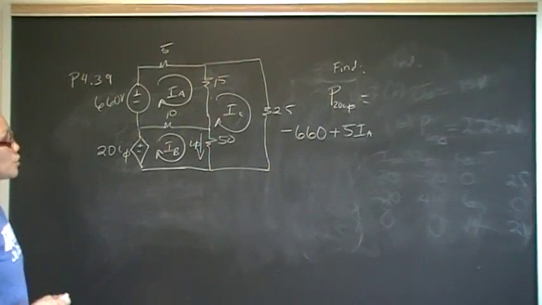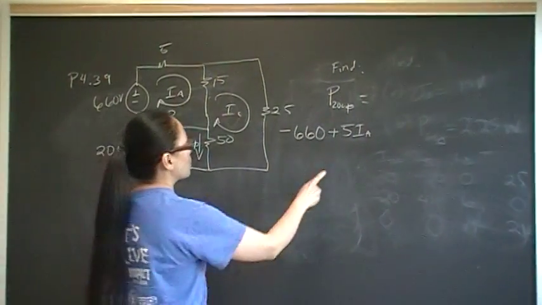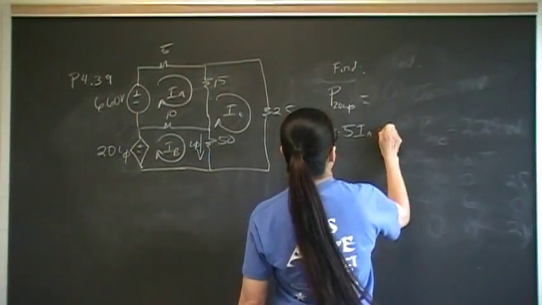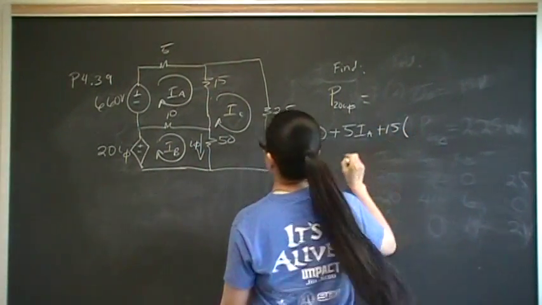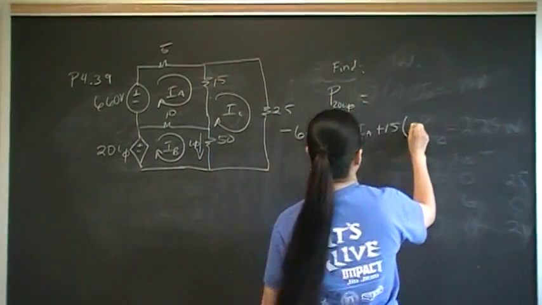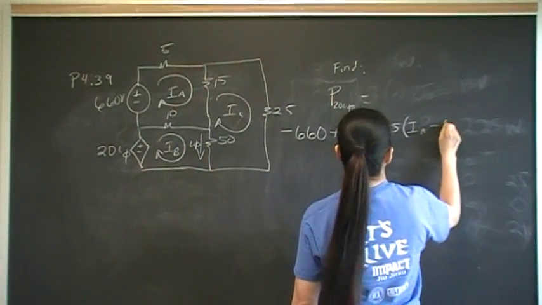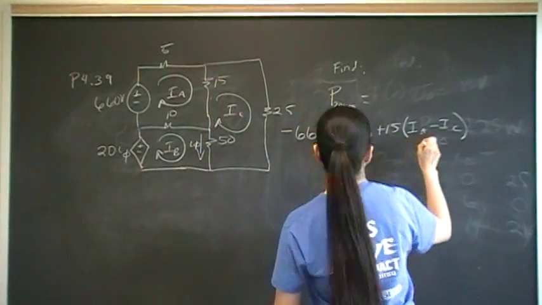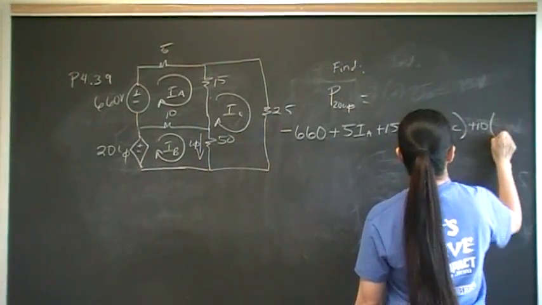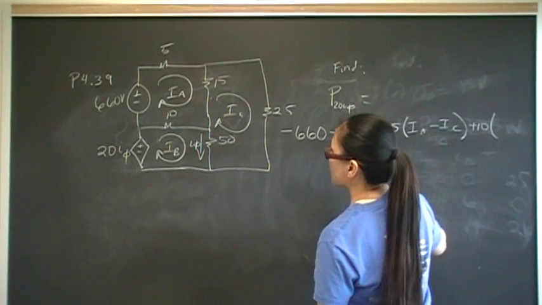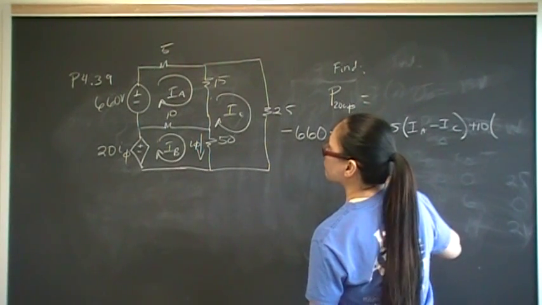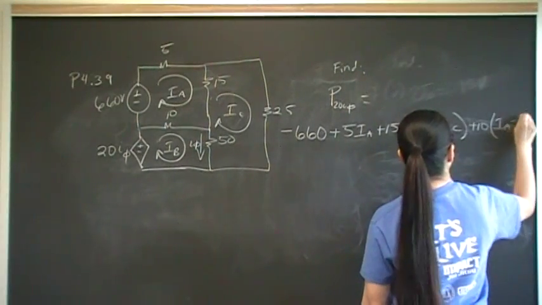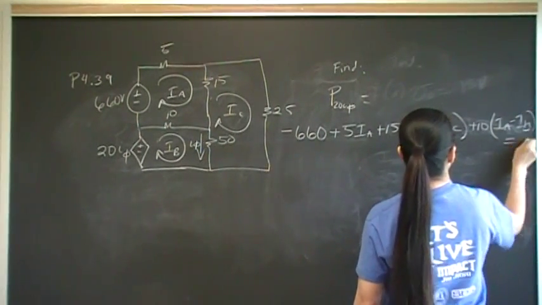Voltage is resistance times current, so that's why we got 5 for our resistance, and our current is IA. And then plus 15, and then the net current through that is going to be IA minus IC, and then plus 10, and then the net current of that is going to be IA minus IB. And all that has to equal 0.